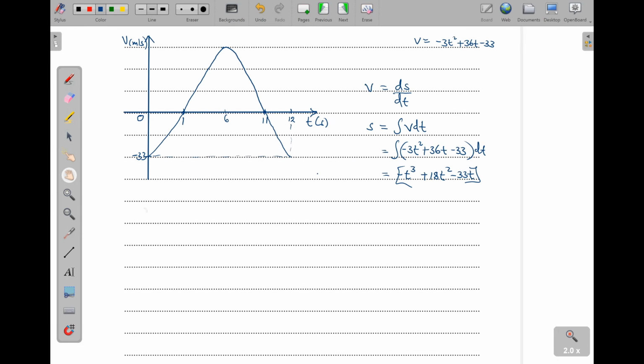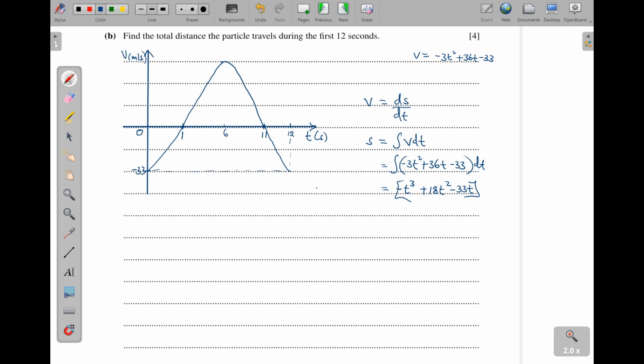So my total distance is now going to be the area under the graph, the area under that curve. Now we are having the integral from 0 to 1.